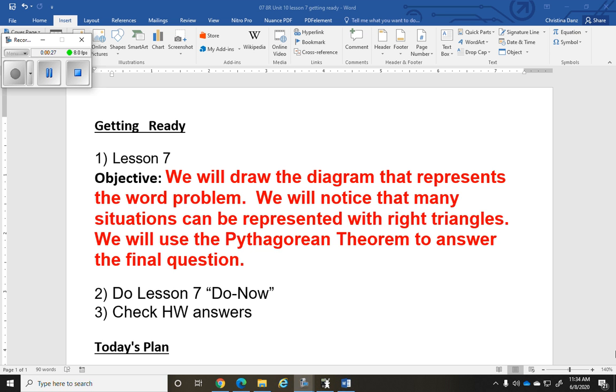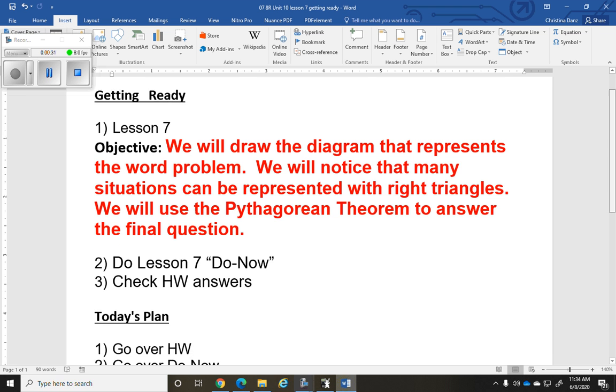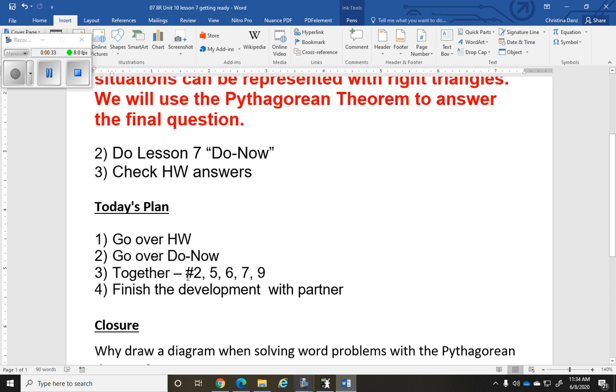So there's a do now. There's some classwork problems that if we were in school, I would do numbers 2, 5, 6, 7, and 9 with you, and then you would finish the rest with your partner. So I'm going to do those 5 questions first, and then I'm going to ask you to hit pause and maybe try the other ones and then check your answers with me.